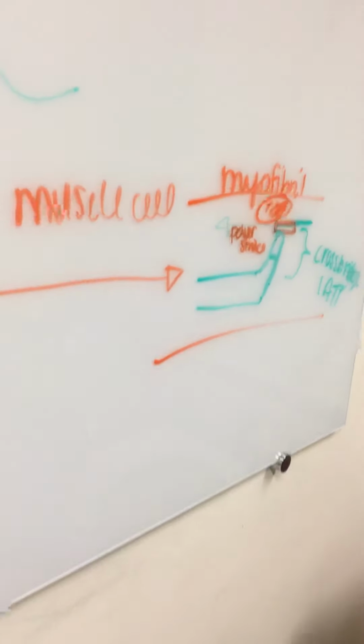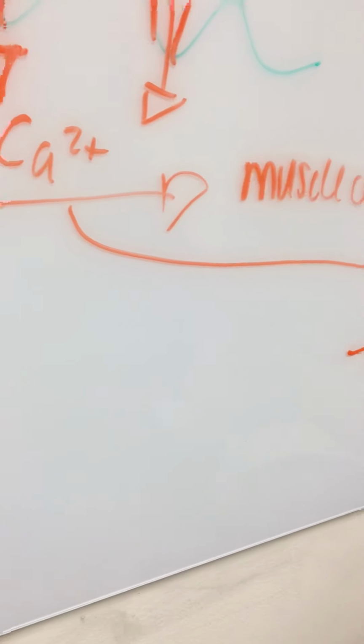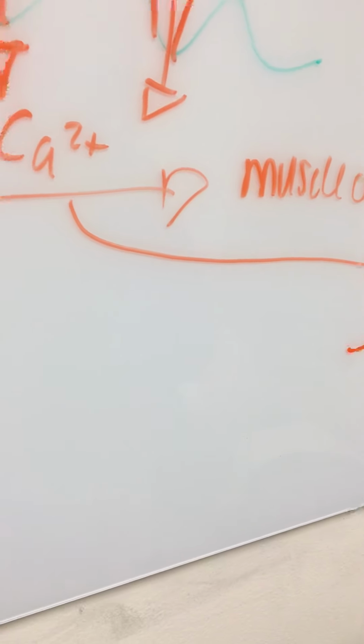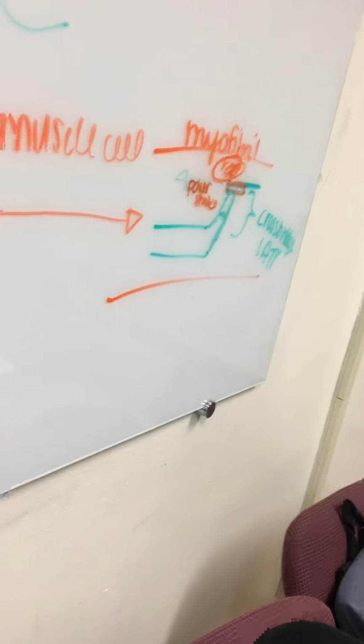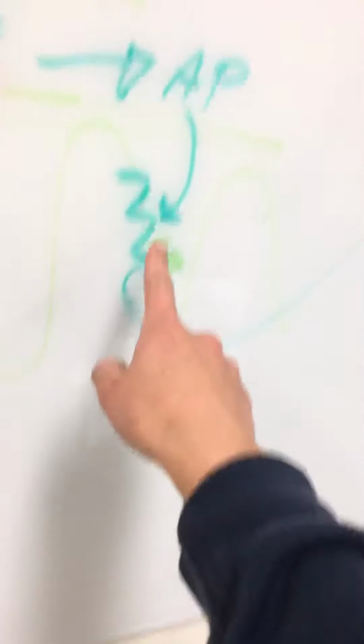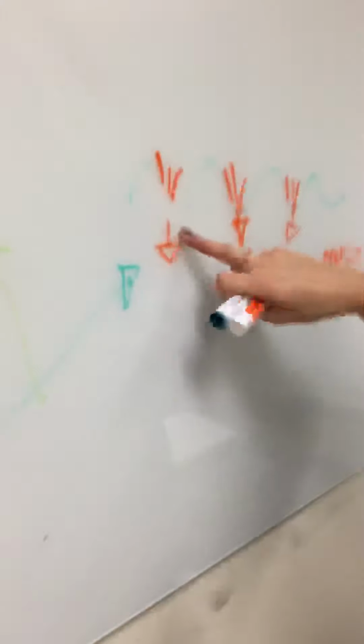And then if there's no acetylcholine, then there's no influx. So this breakdown of the acetylcholine triggers the sarcoplasmic reticulum to absorb the calcium. Okay, that makes sense. So then, because there's no action potential that opens the channels.